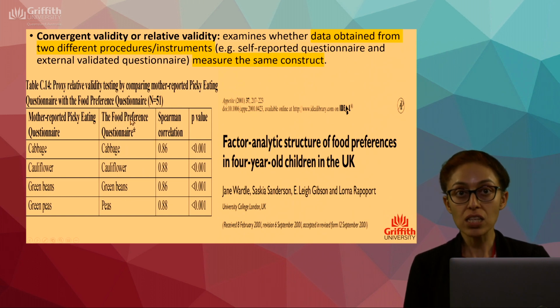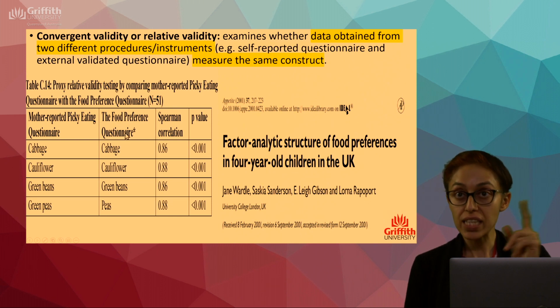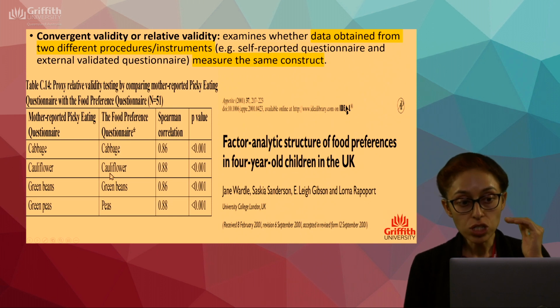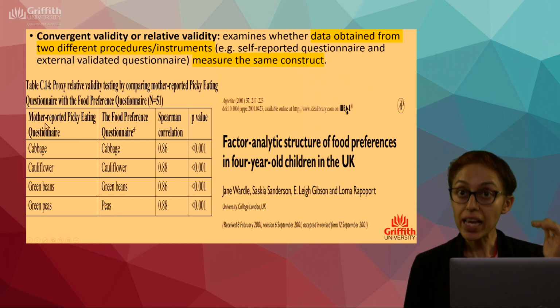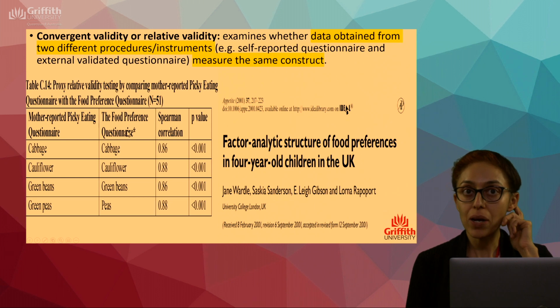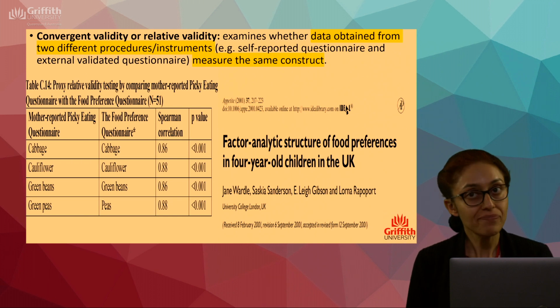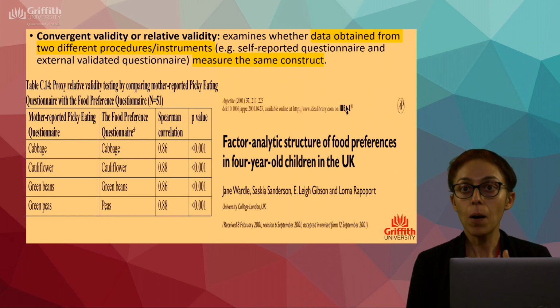But if you look at this second column, the food preference questionnaire, which is the external questionnaire, it also has single items like mine. But I cannot just use this food preference questionnaire because it's been designed for very young children, 2 to 4 years of age, and British children. This is not my age group. My group is Indian children who are living in Australia and who are 7 to 12 years of age.